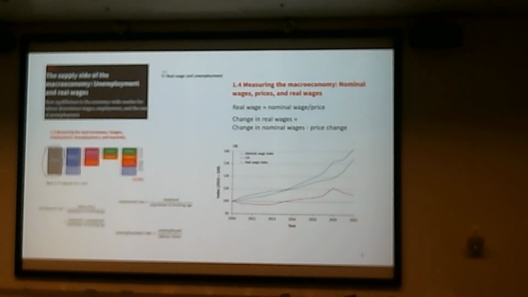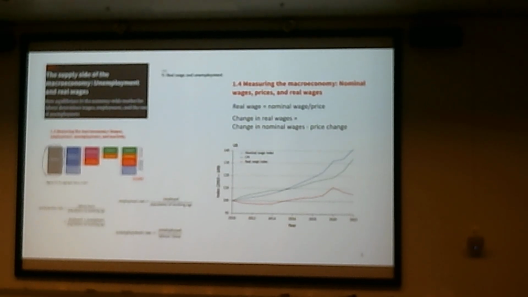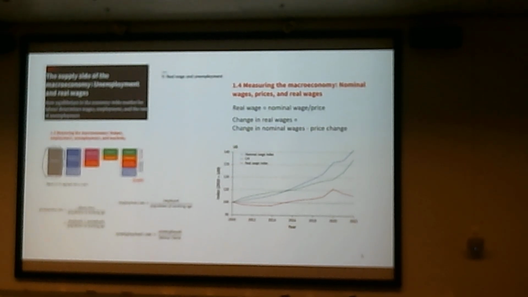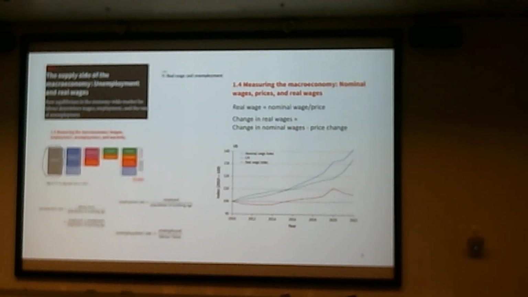That's the one between something like 15 and 70, 74. And then there are people who are not of working age, young or elderly, and they are called inactive.